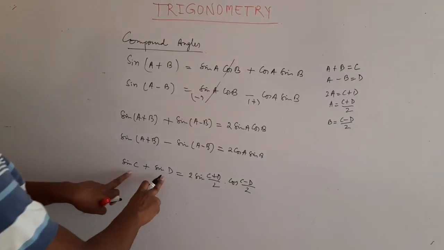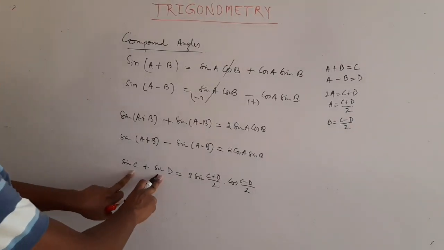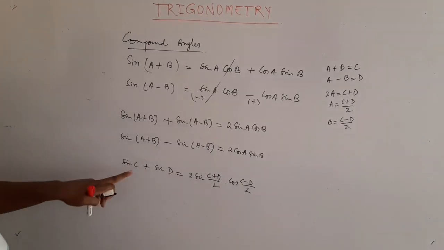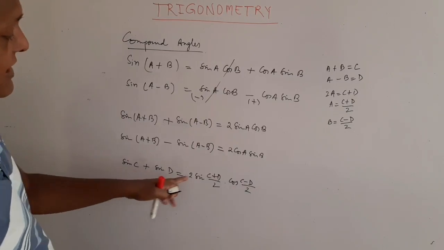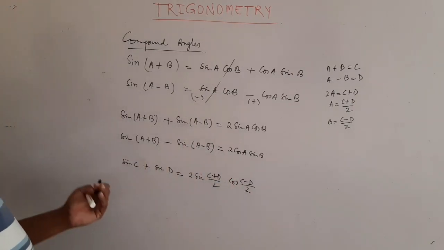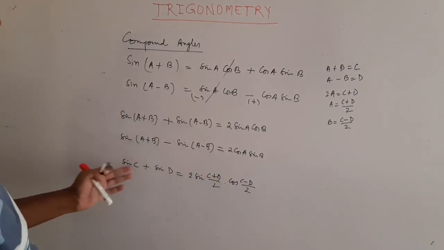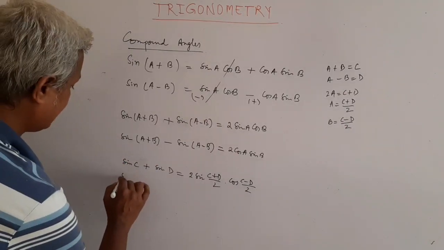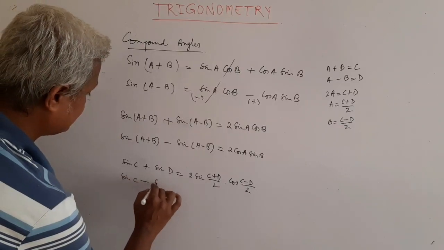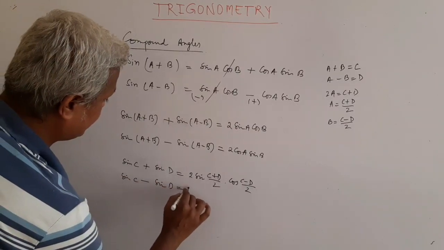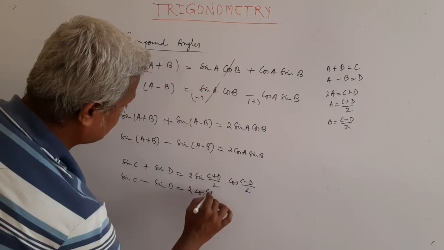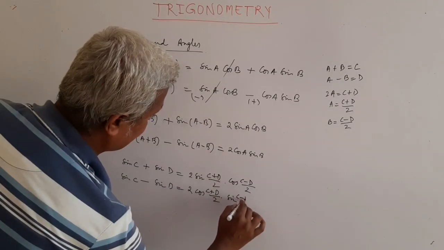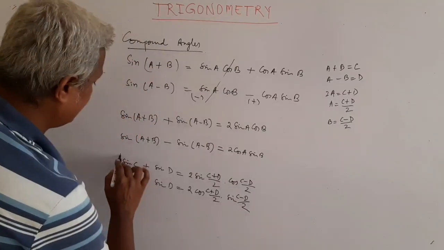So this is called the sum of the ratios, sin C plus sin D, and now you are getting the product. So you can treat it as sum to product, and the reverse is called product to sum. Similarly, sin C minus sin D is 2 cos of C plus D by 2 into sin of C minus D by 2.